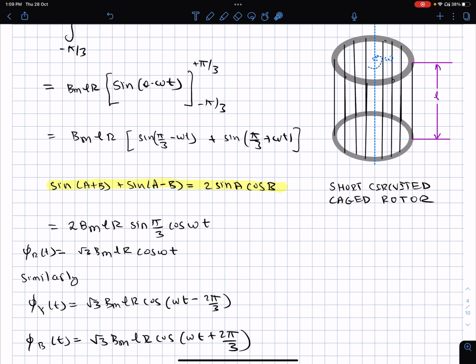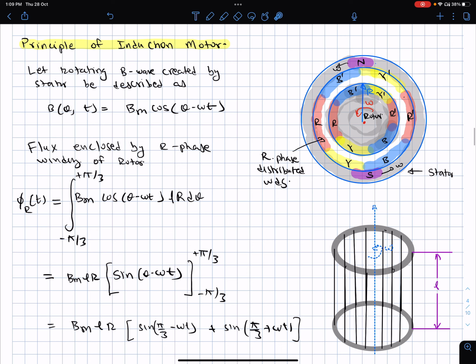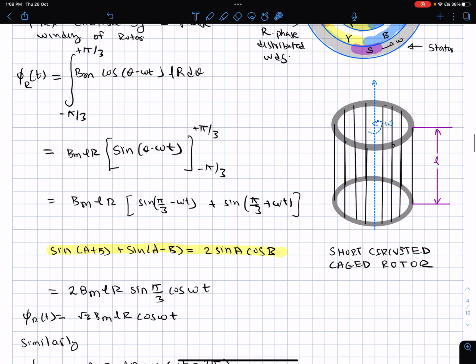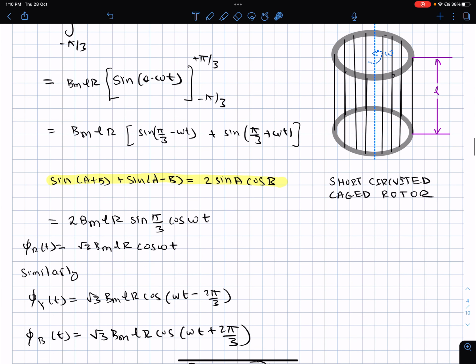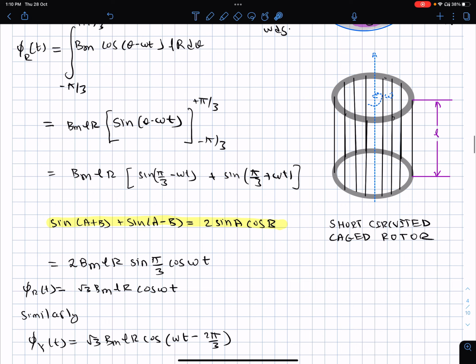So if I don't allow this rotor to rotate for the time being in my discussion, then what I see is that the flux associated with the R phase winding on the rotor is a cosine wave in time, with this being the phi m, which is proportional to the length and proportional to the radius.